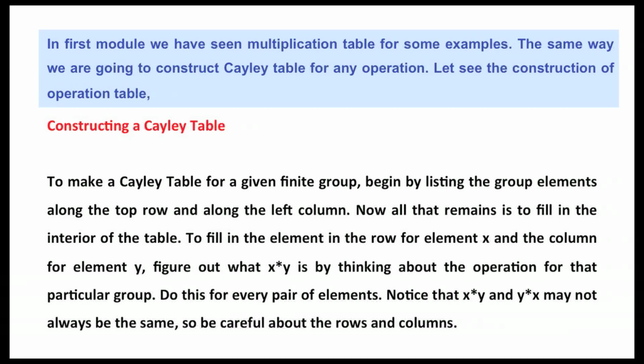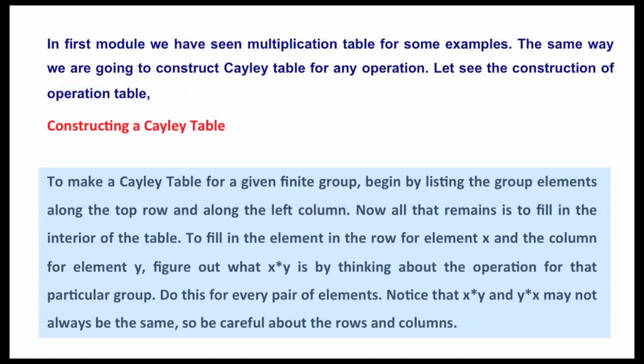In the first module, we have seen multiplication tables for some examples. In the same way we are going to construct a Cayley table for any operation. Let us see the construction of an operation table. To make a Cayley table for a given finite group, begin by listing the group elements along the top row and along the left column. Now all that remains is to fill the interior of the table.